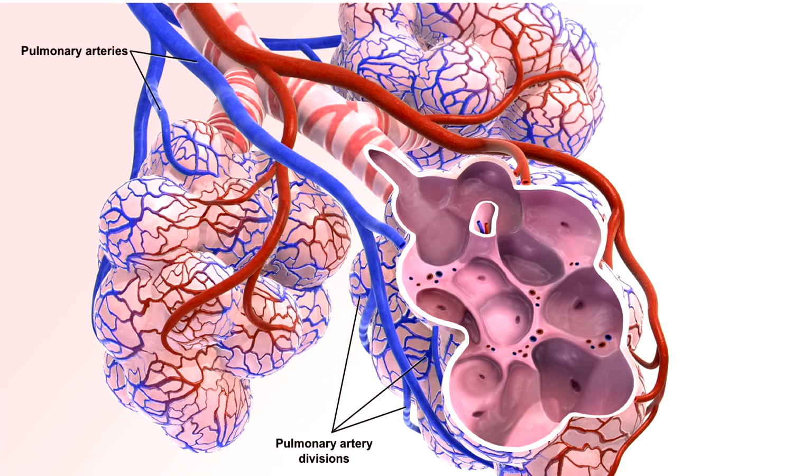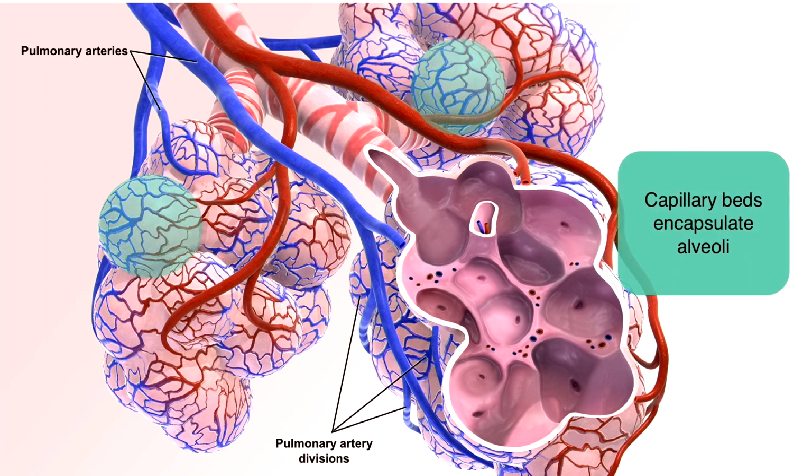Divisions here, divisions here. This meshwork, even the blue meshwork around the alveoli, is somewhere between a pulmonary artery and a capillary. And notice, any one alveolus, any one sphere, is completely encapsulated, completely surrounded by that capillary bed.